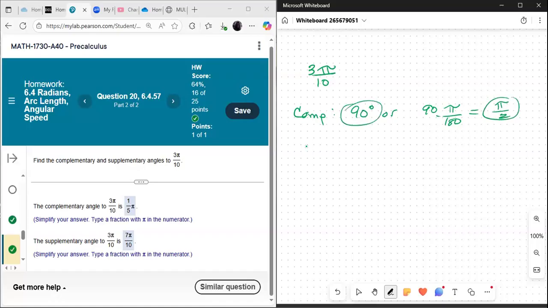Okay, so we subtract pi over 2 minus 3 pi over 10, which is 1 minus 3/10 pi, which is 7/10 pi.